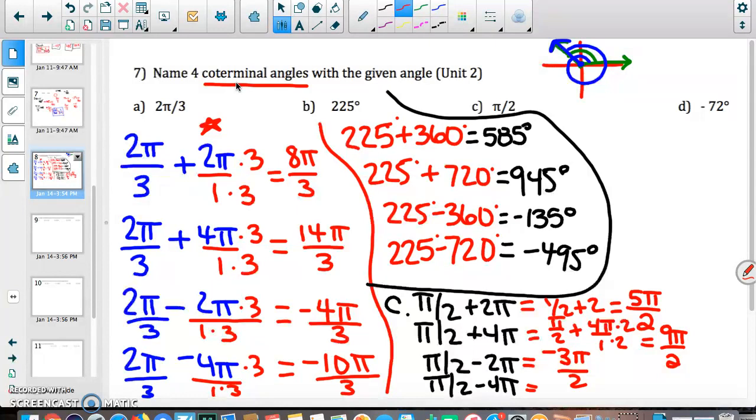And last but not least here, this would be 1 pi minus 9, negative 8 pi over 2. If you did that with degrees, you would get 450, 810, negative 270, and negative 630.